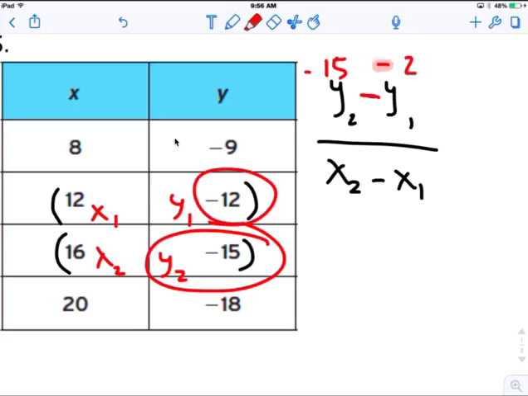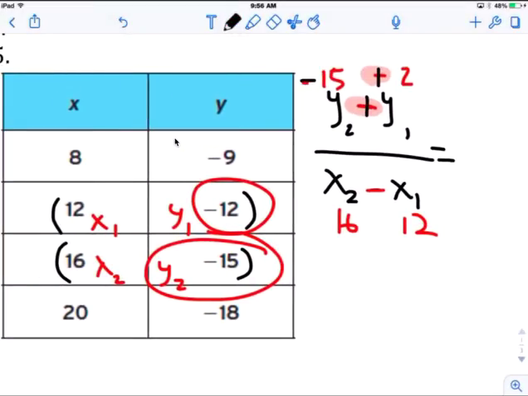Notice additive inverse. X sub 2 is 16 minus the 12. Okay, this additive inverse here, plus, plus. One negative only, so you subtract, you get 13. The bigger number is negative, it's negative. 16 minus this 12 is 4.